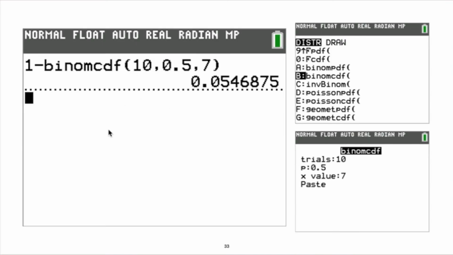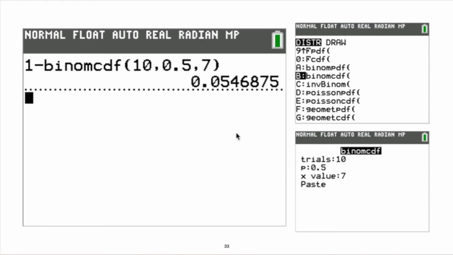So we want to find the p-value where x tot is equal to 8. Well, we've got to subtract 1 from 8, so we get 7 there. We need to subtract this CDF from 1. So 1 minus the binomial CDF, and you can see here where I'm inputting the values. I've got 10 trials, a success probability of 0.5, and then the x value at which we want to evaluate the CDF is little x tot minus 1, so 8 minus 1, or 7.